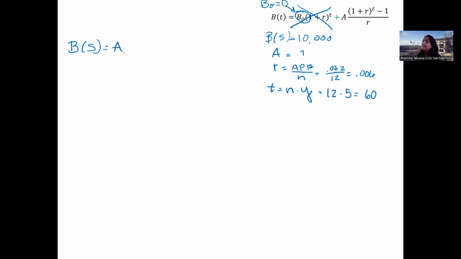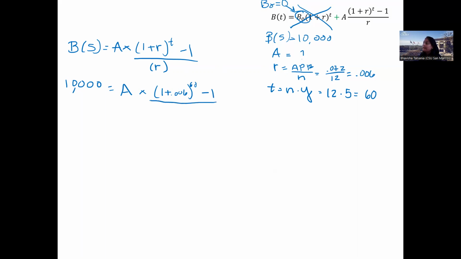So B of 5 is equal to A times 1 plus R to the T power minus 1, all that divided by R. And so when I do this, I get $10,000 is equal to A times 1 plus 0.006, raised to the 60th power minus 1, and all that divided by 0.006.